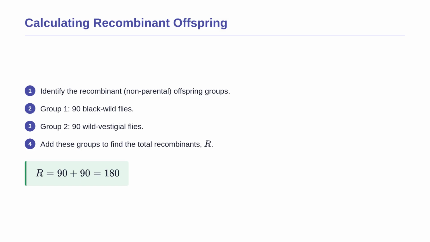We take the 90 black wild flies and the 90 wild vestigial flies and add them together. This gives us an R value of 180. This number represents the total number of offspring that resulted from a crossover event between the two genes during meiosis. By isolating these specific flies, we are directly quantifying the genetic recombination.